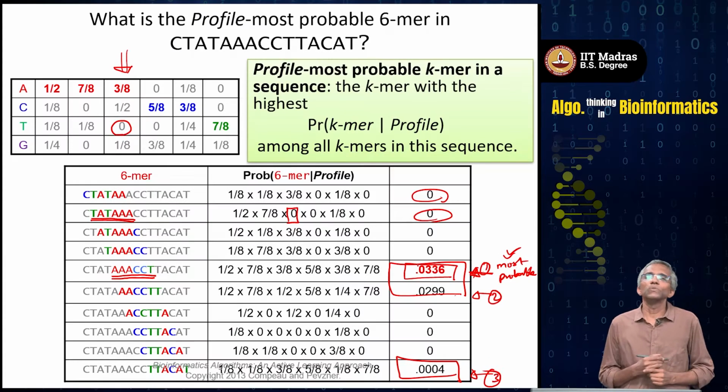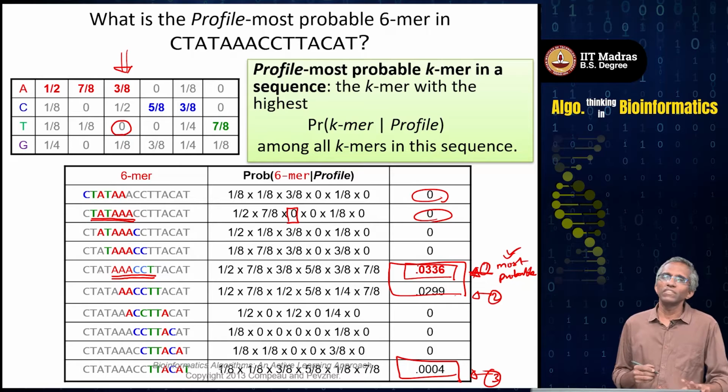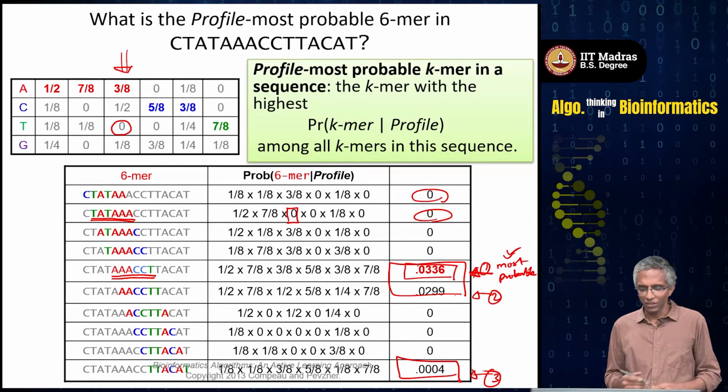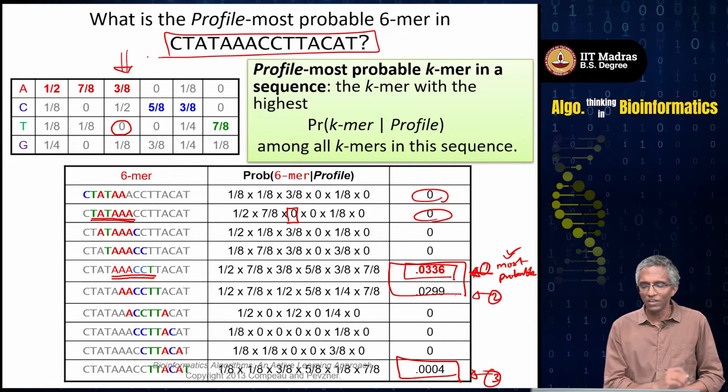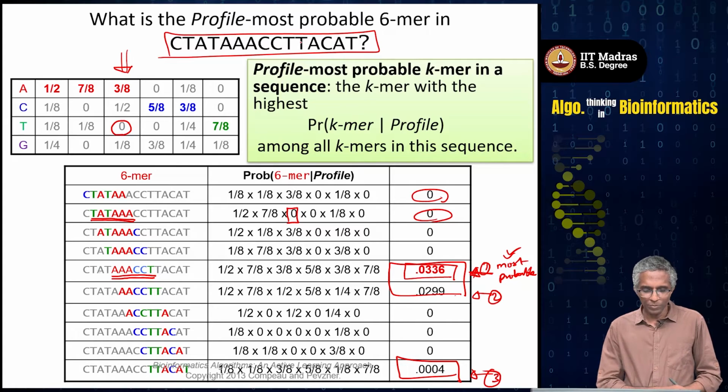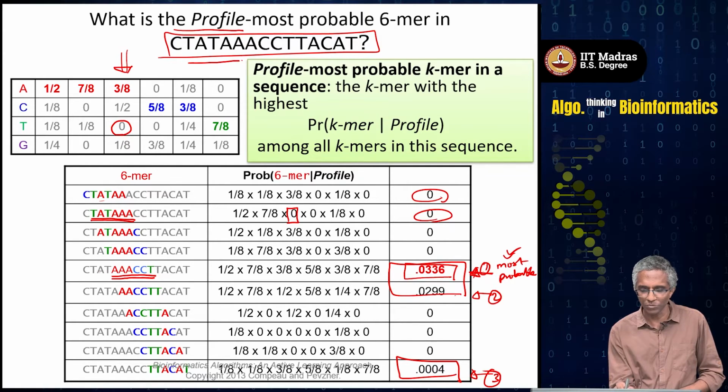So, to illustrate Gibbs sampler using the previous example that we have seen before, let us look at this table again. Previously we said that this table looks at, for a given input sequence, all of the k-mers. In this particular case, this k-mer CTATAA, all possible 6-mers. So, this is one 6-mer, this is another 6-mer and so on.